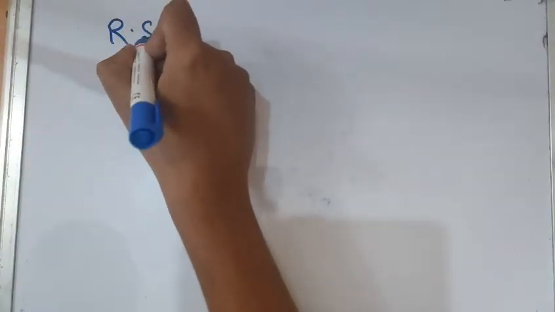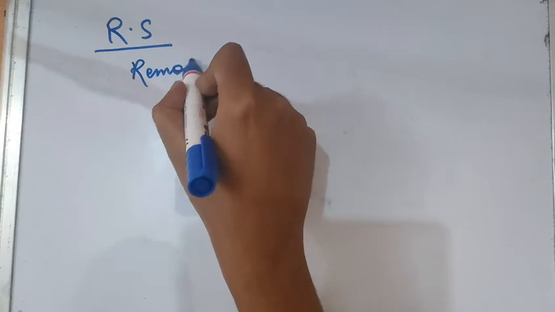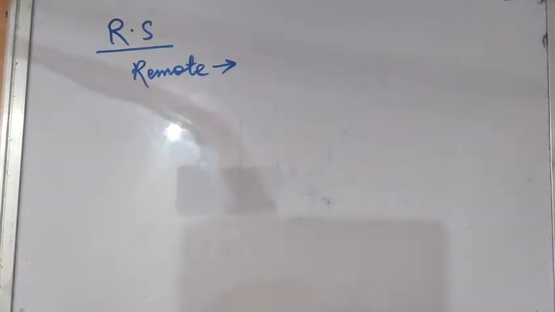Remote sensing is actually composed of two words. Remote, which means that we are not in contact with something.